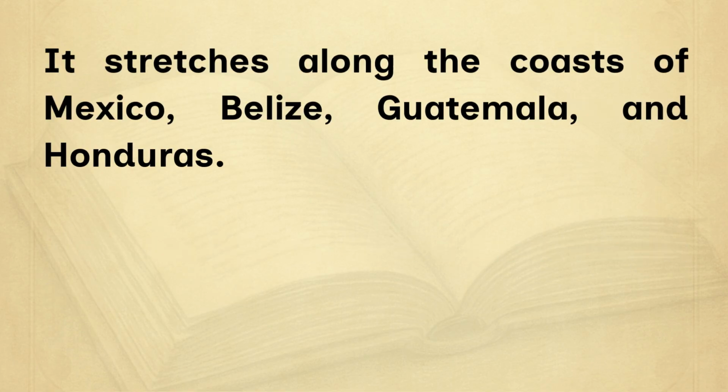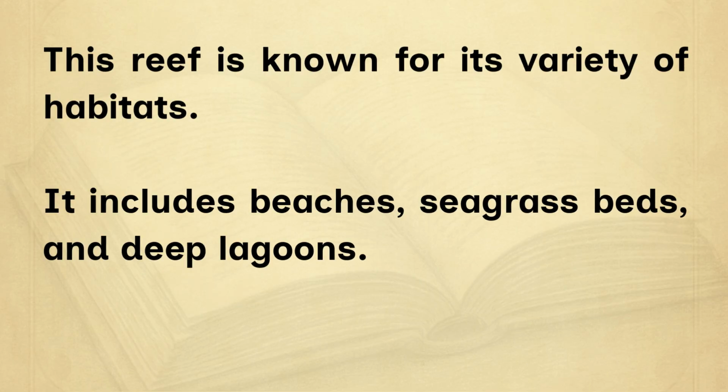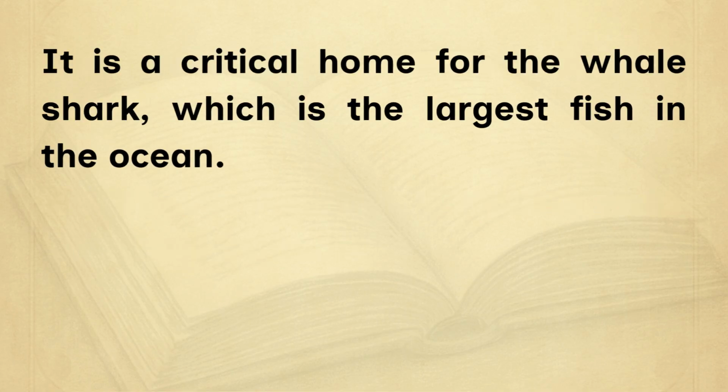It stretches along the coasts of Mexico, Belize, Guatemala, and Honduras. This reef is known for its variety of habitats. It includes beaches, seagrass beds, and deep lagoons. It is a critical home for the whale shark, which is the largest fish in the ocean.